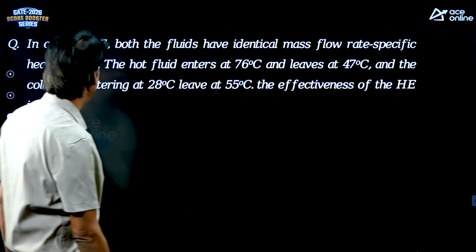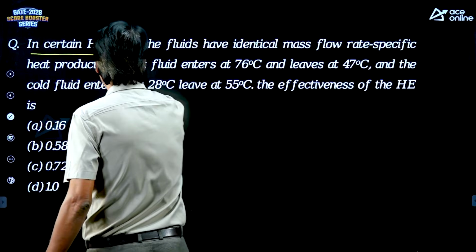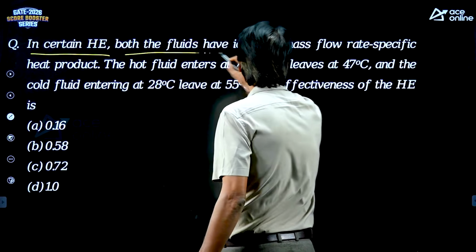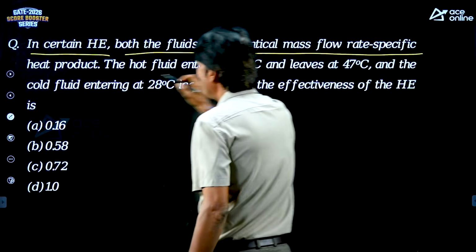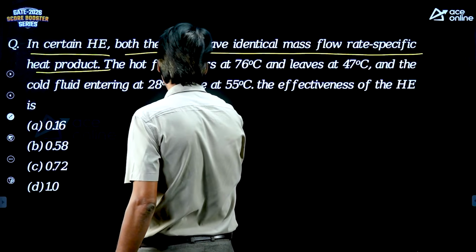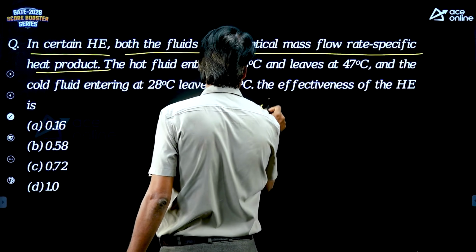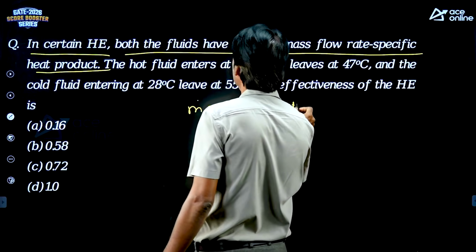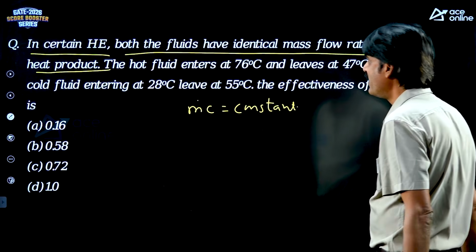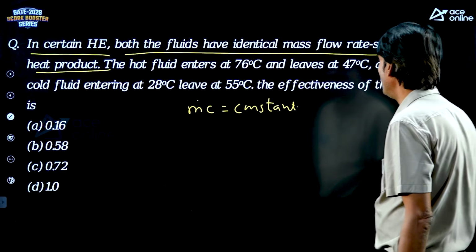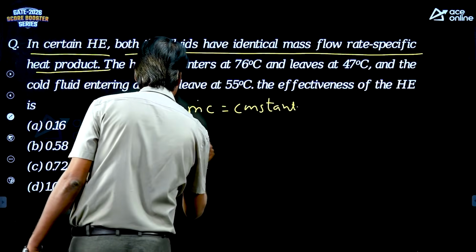Next, in a certain heat exchanger, both the fluids have identical product of mass flow rate and specific heat. That means m dot into C is constant. Hot fluid enters at 76 degrees centigrade and leaves at 47.